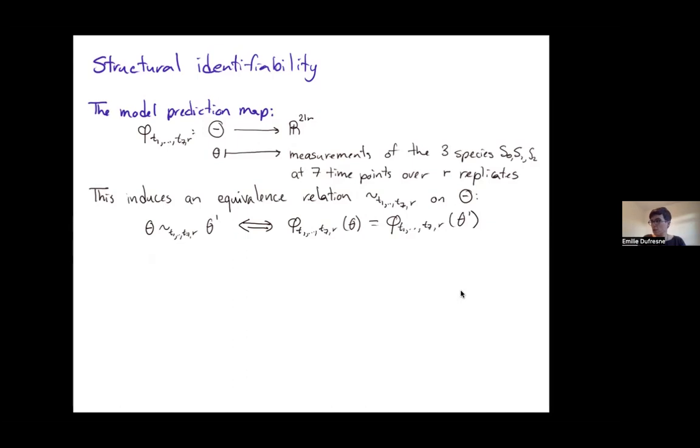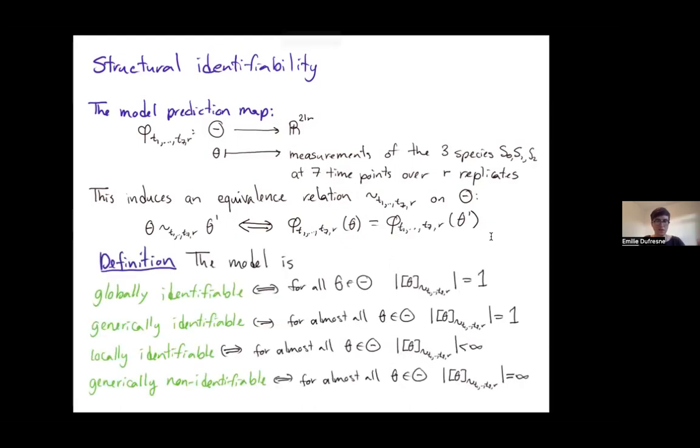So this induces an equivalence relation on my parameter space, which I'll denote by tilde and then T1, T7, R. It's given by saying that 2 parameters are equivalent if and only if they have the same image under the model prediction map. So the model predictions are exactly the same for these 2 parameters. With this, I can then define identifiability.